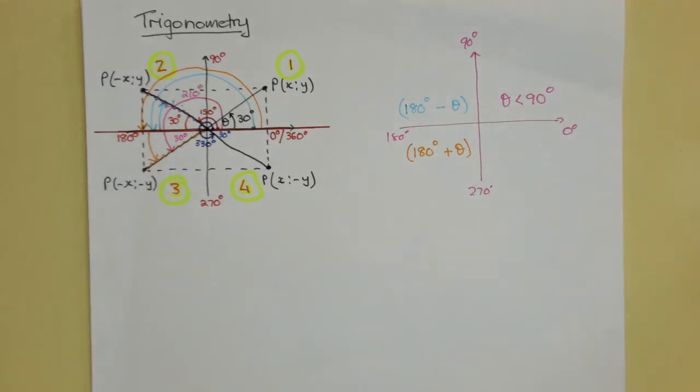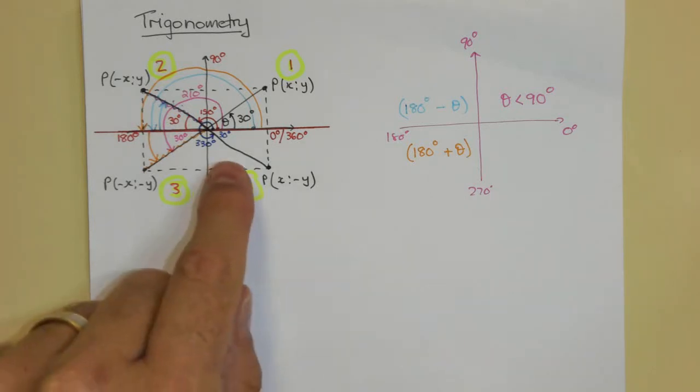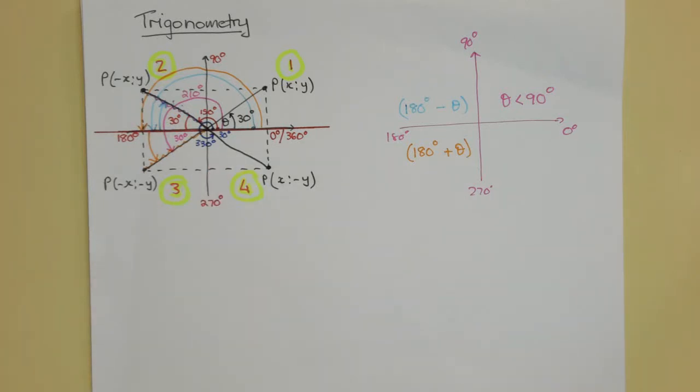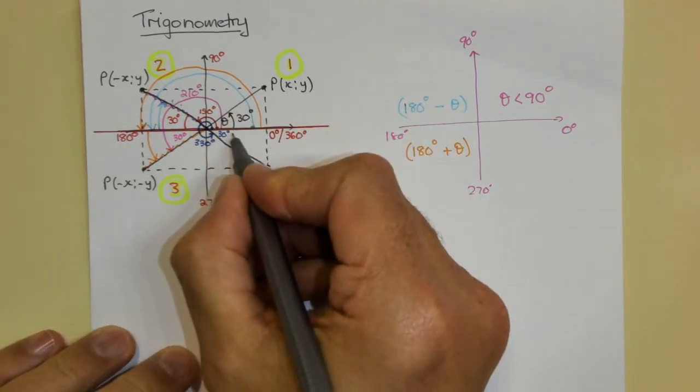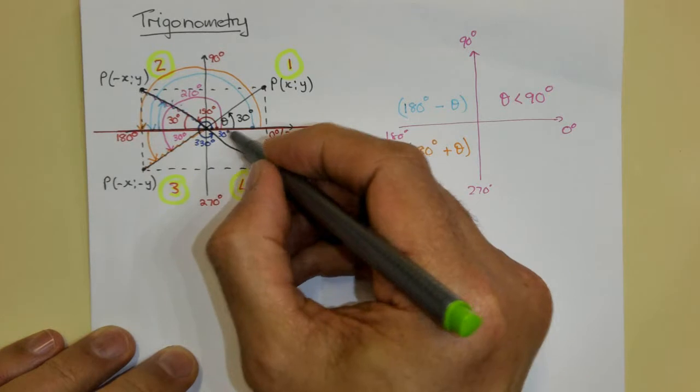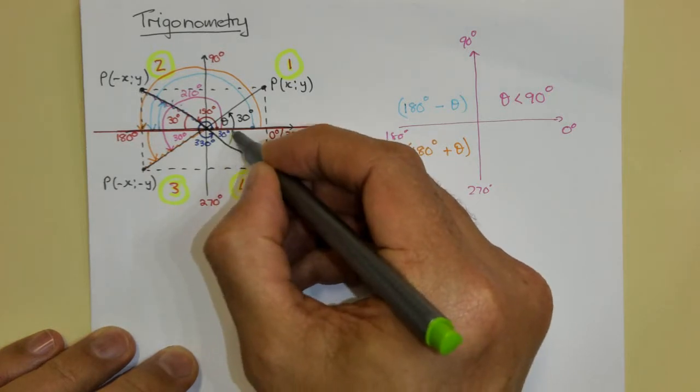And guys, the same happens in the fourth quadrant, but the fourth quadrant is a special case. If I want to focus on quadrant 4, I can go one of 2 ways. Remember the angle that I'm going to be focusing on is this little angle over here.